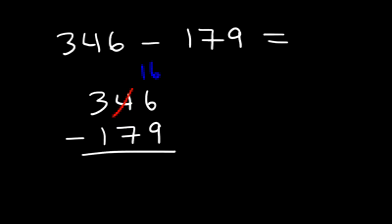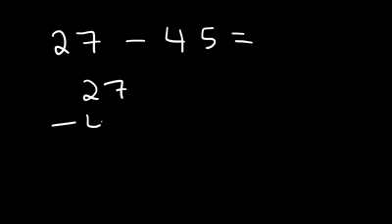So we're going to have 16. 16 minus 9 is 7, and the 4 is now a 3. But 3 minus 7 is a negative number, so we're going to have to borrow another one. 13 minus 7 is 6, and the 3 is now a 2. 2 minus 1 is 1. So 346 minus 179 is equal to 167.